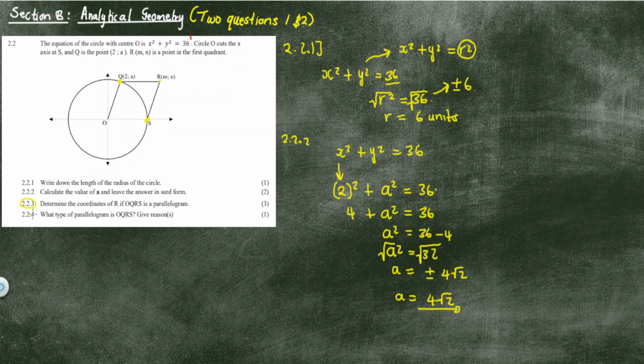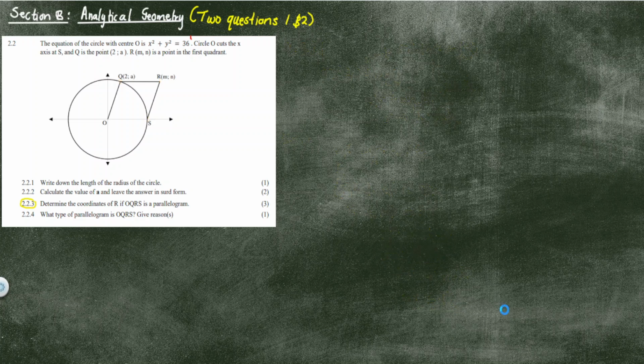Then 2.2.3, determine the coordinates of R if OQRS is a parallelogram. Okay, so the first thing is actually the following. I think label this coordinate as 4 square root 2.